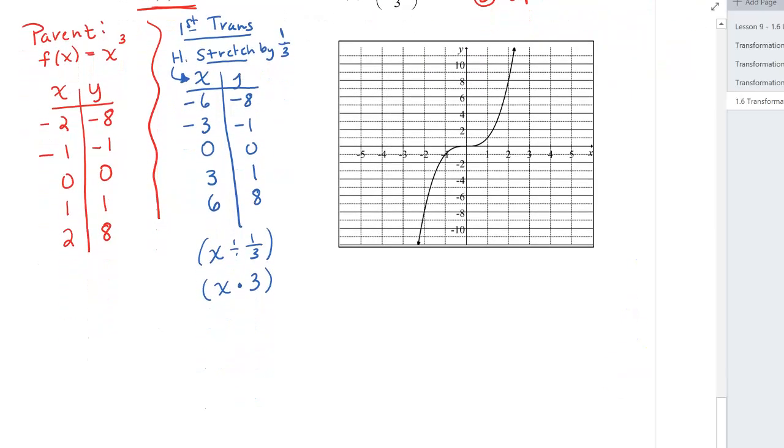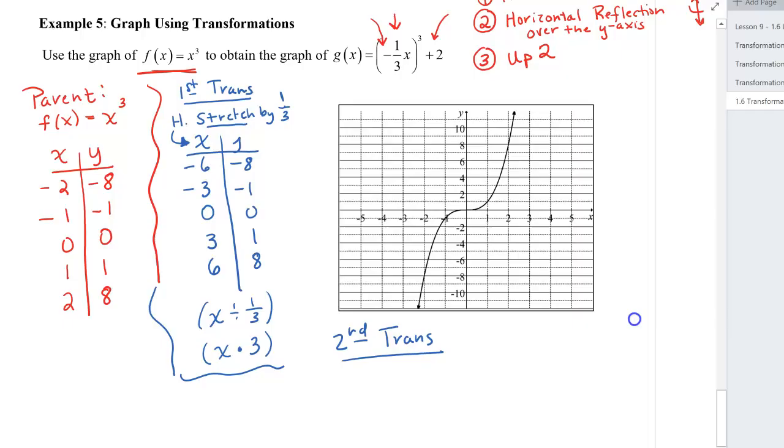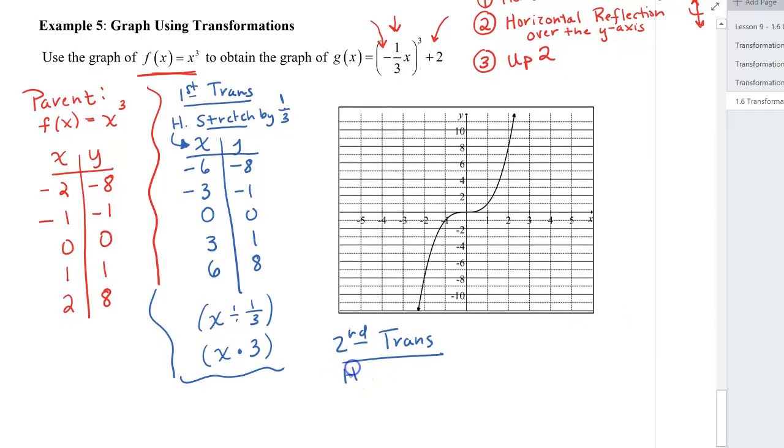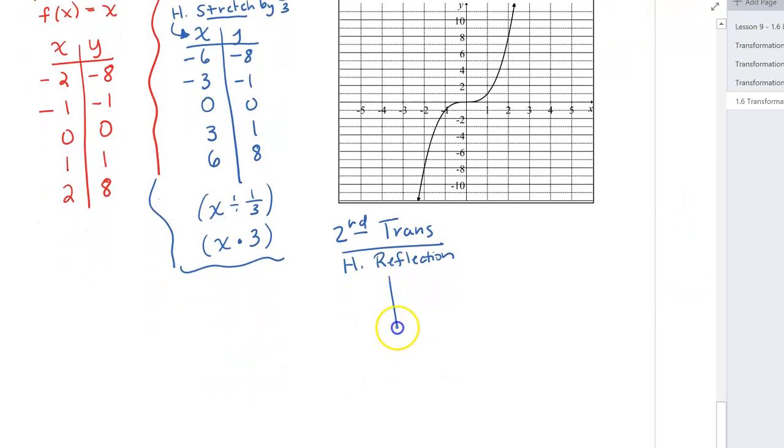The second transformation, let me do it here. Remember, our second transformation was a horizontal reflection over the y-axis. Again, if it's horizontal, that is going to change my x values. So I'm going to take my x values and I'm going to multiply by -1.